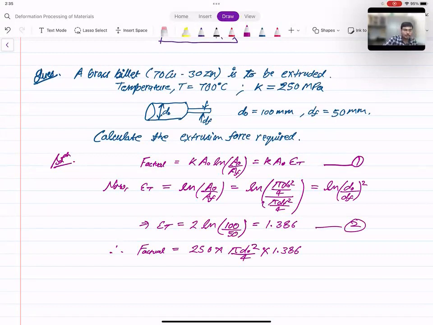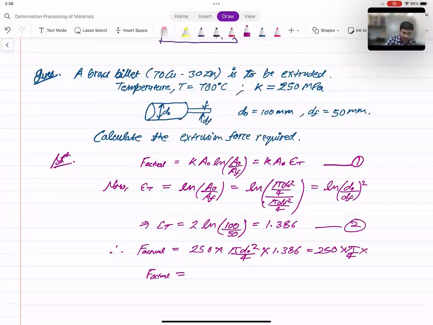Okay, so if we calculate it, it comes out to be the force value. Let me substitute this. So it will be 250 into pi by 4.